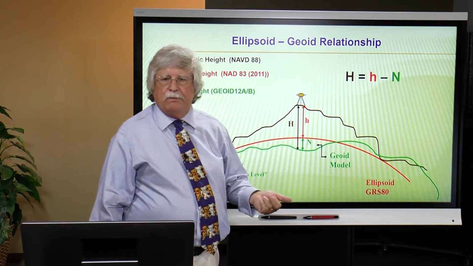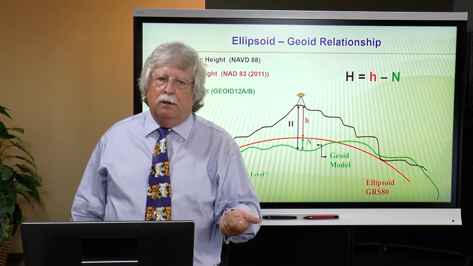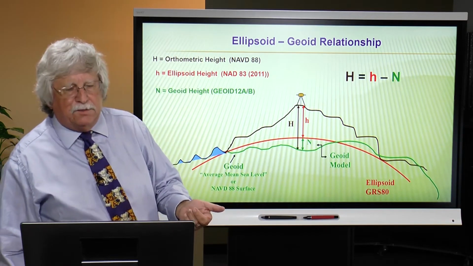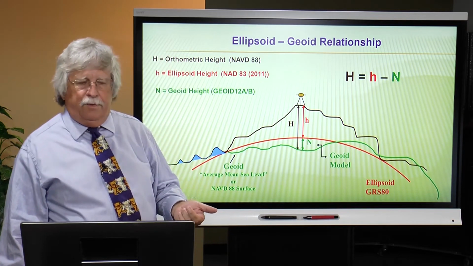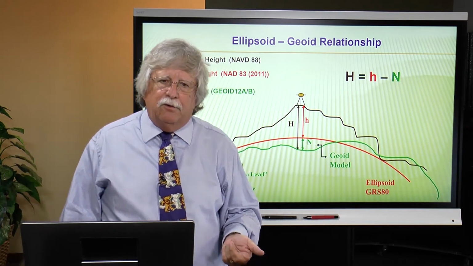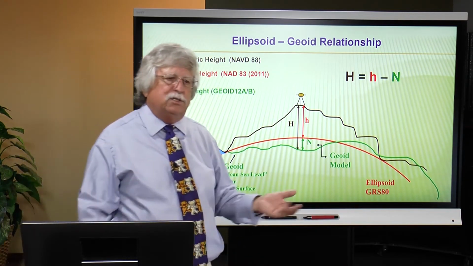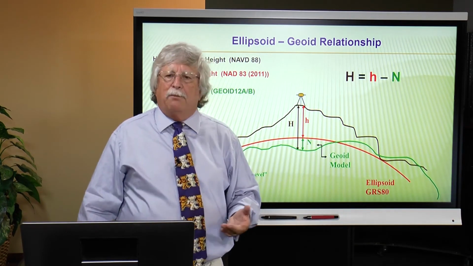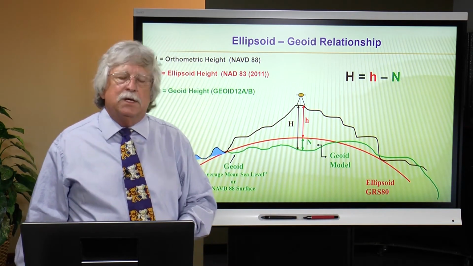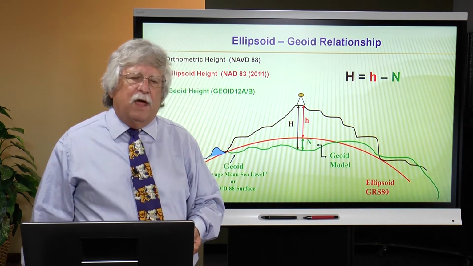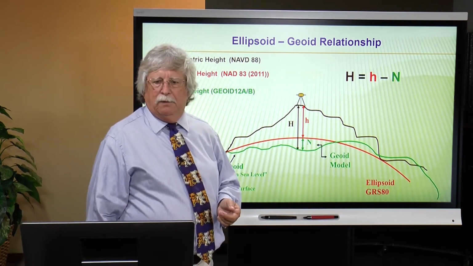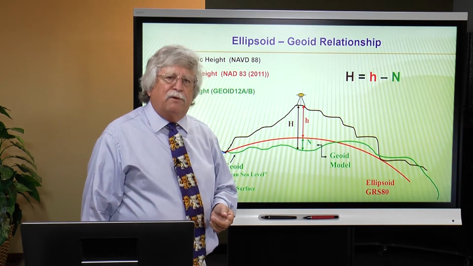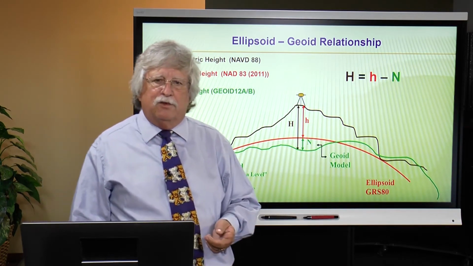Every year in the spring, the National Society of Professional Surveyors, in collaboration with the National Geodetic Survey during Surveyors Week, encourages surveyors to go out and perform GPS measurements on existing benchmarks and submit that data through the service that they have that's referred to as OPUS Shared Solutions.